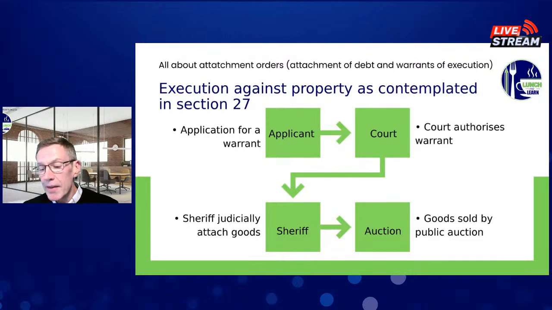What would also happen is that very often, because it's not cast in stone for how much the goods will be sold, what we see in practice is that very often the amounts that the sheriff attaches are not enough. The goods that the respondent has are not enough. So the question would be, can you apply for another warrant of execution if you find out that there are more assets that could be attached?